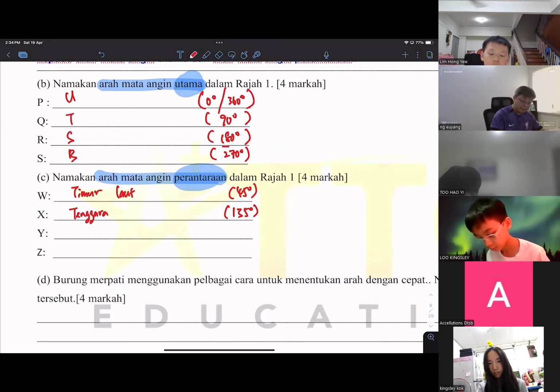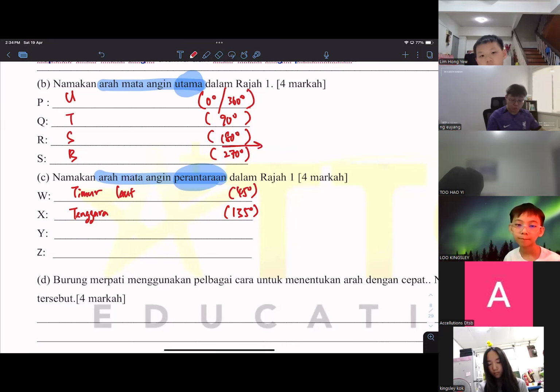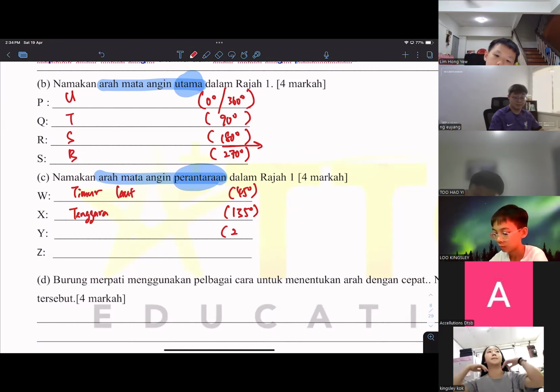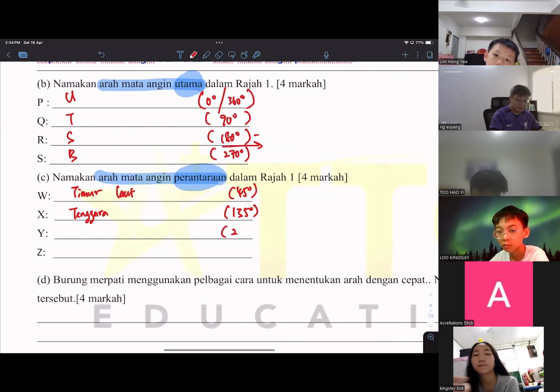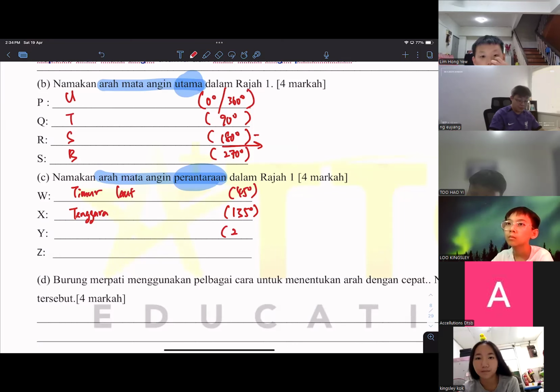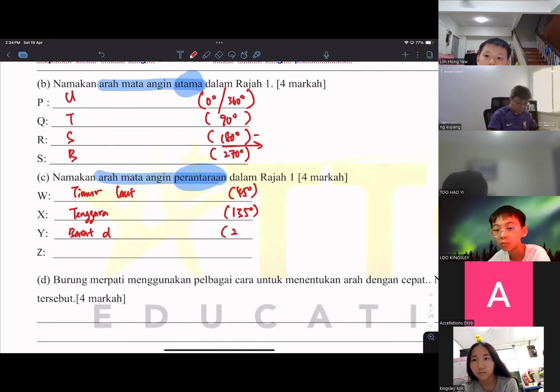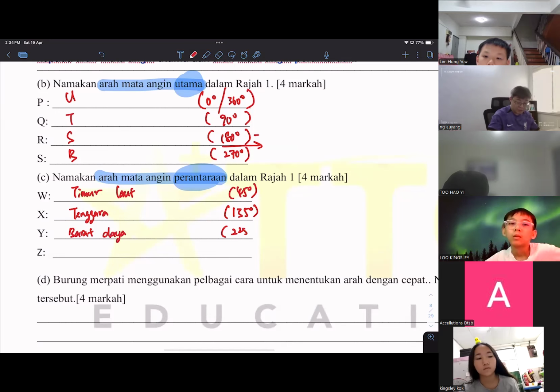So next one, in between 180 to 270. So this is 180 plus another 45, which can refer to your barat daya, right? So barat daya is 225 degree.